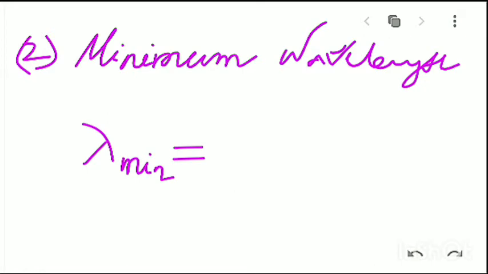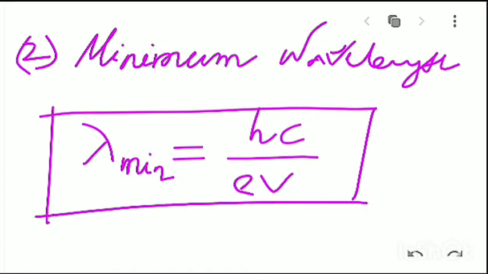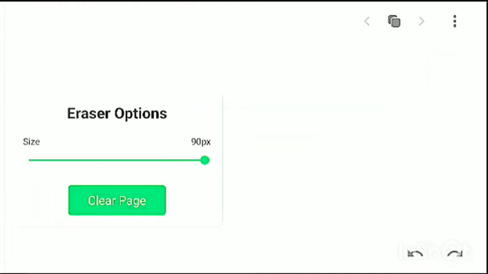Lambda minimum equals hc by eV. Similar quantities: h is Planck's constant, e is the electronic charge, V is the potential difference, and c is the velocity of light. Clear?